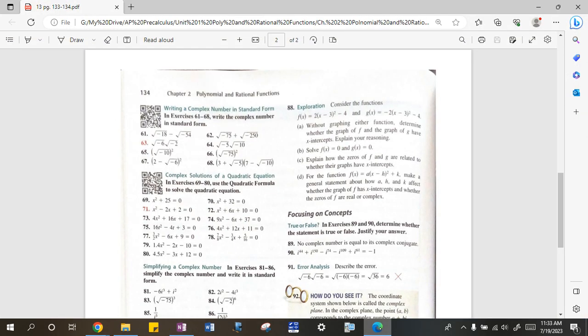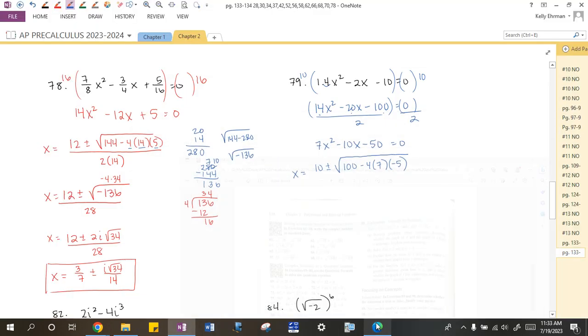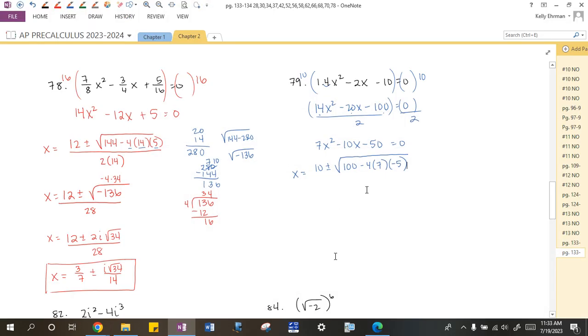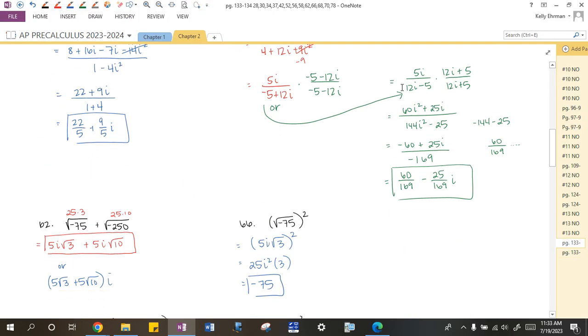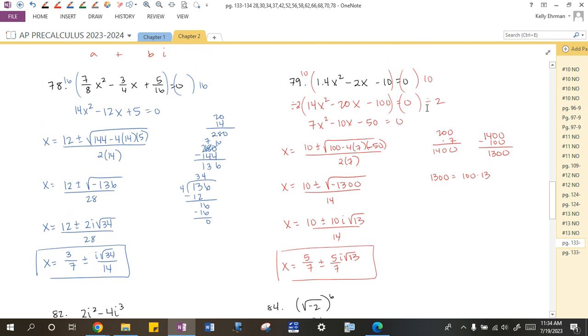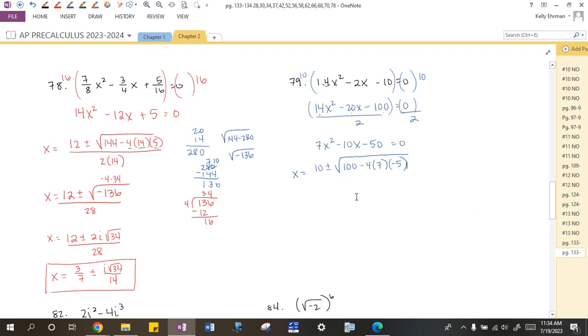Hold on, let me check this. I thought I got an imaginary answer for this one. Just making sure I wrote the problem down correctly. That's good. Checking my old answer key. Oops, I should have done plus here. Okay, I caught a mistake in my old answer key, so I will fix that before I post it.